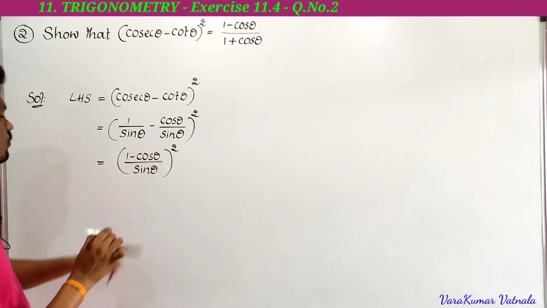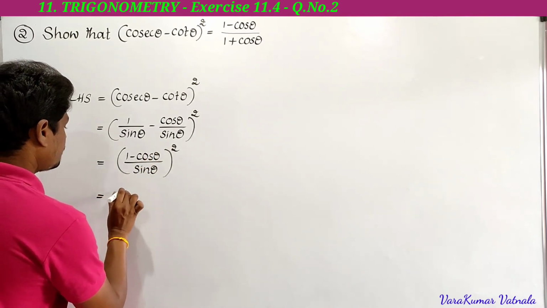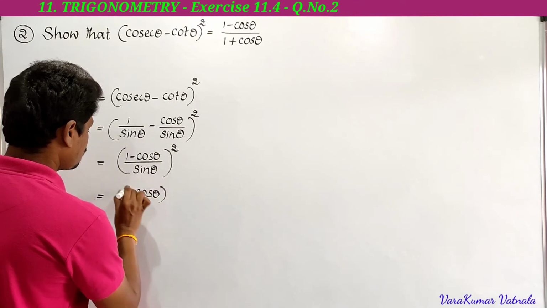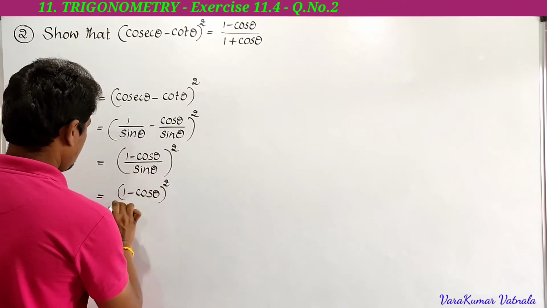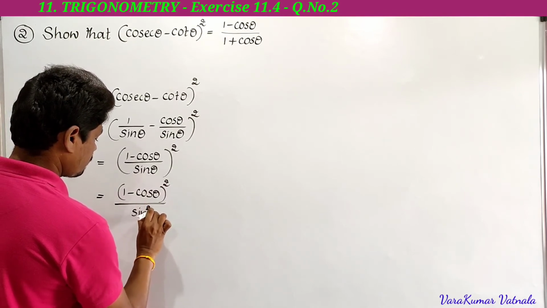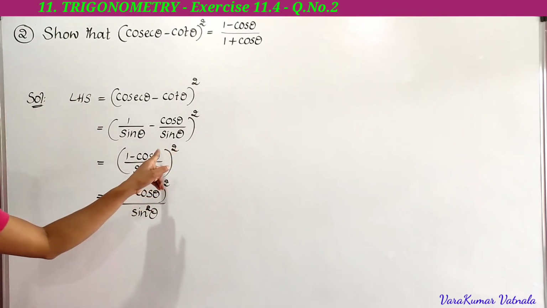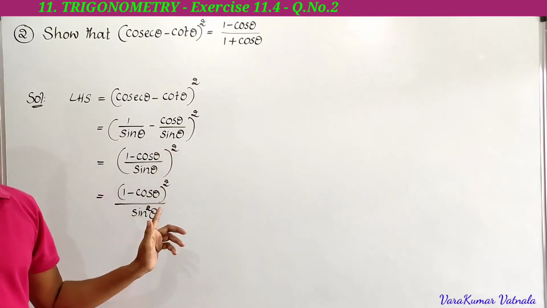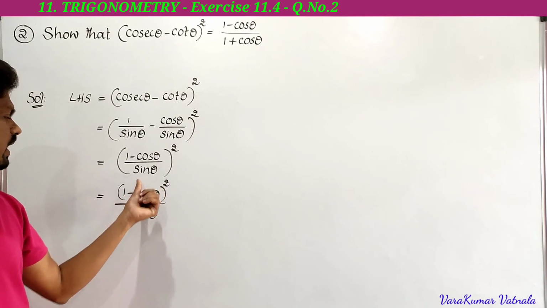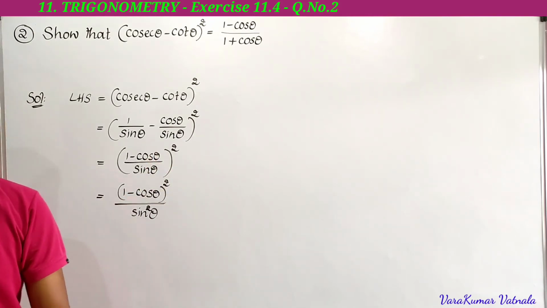Apply the square to both numerator and denominator. The numerator becomes (1 minus cos theta) whole square divided by sin square theta. In the numerator we get (1 minus cos theta) whole square, and in the denominator we get sin square theta.